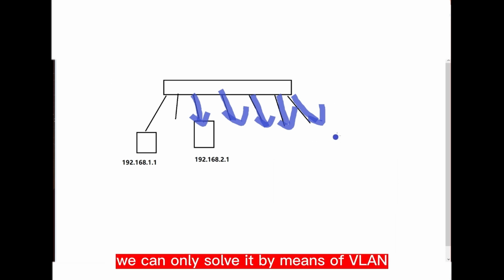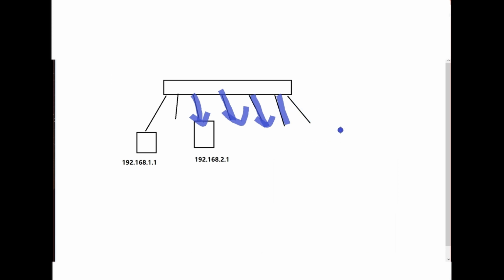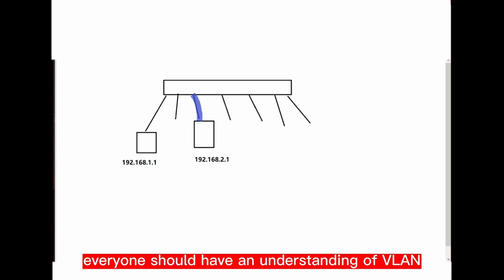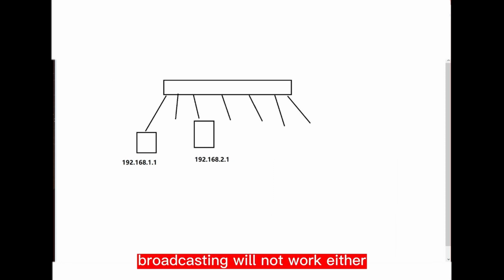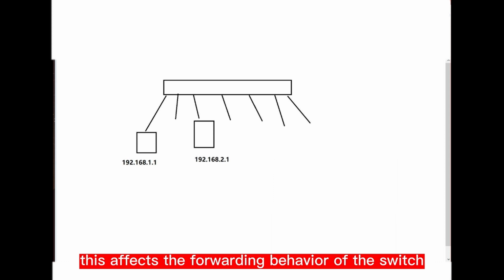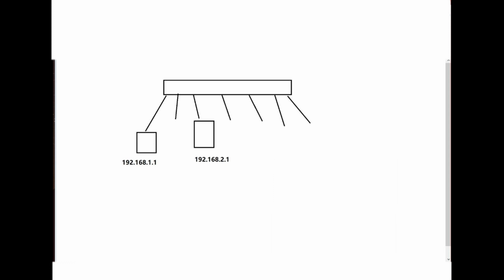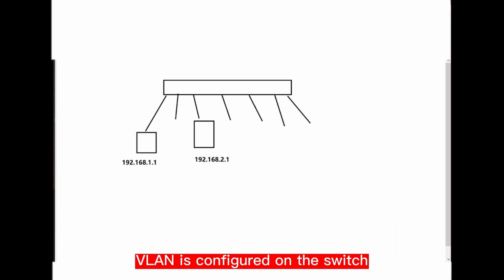We can only solve it by means of VLAN. Everyone should have an understanding of VLAN. The different broadcast domains it refers to mean that in the future, broadcasting will not work across them either. This affects the forwarding behavior of the switch. That is, VLAN is configured on the switch.